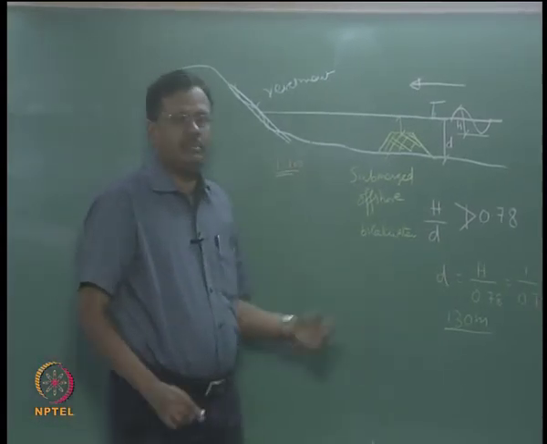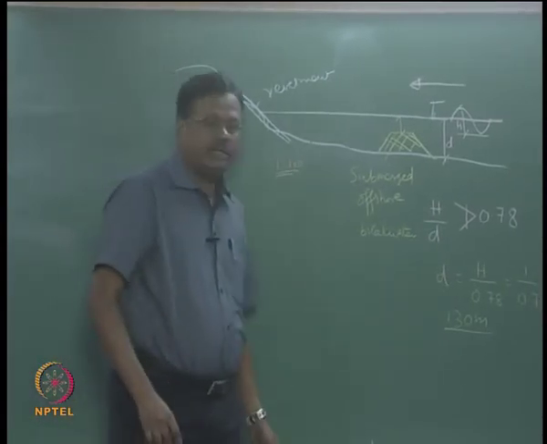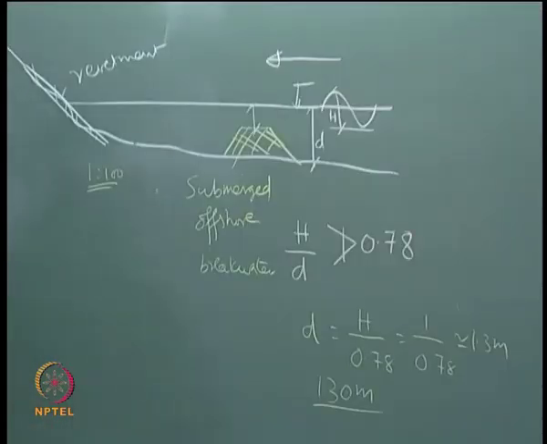So you take 260 meter as the zone where the littoral drift will be very critical. Suppose 90% of the time the wave height is 2 meter, then 2 divided by 0.78 becomes 2.6 meter, and if the slope is very flat, 1:200, then you have to multiply by that and correspondingly your littoral zone will vary.